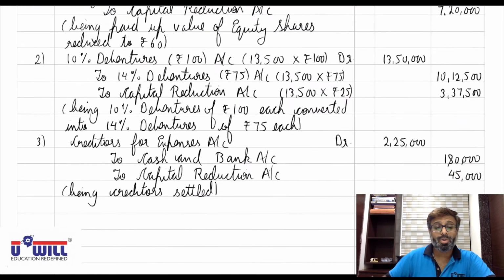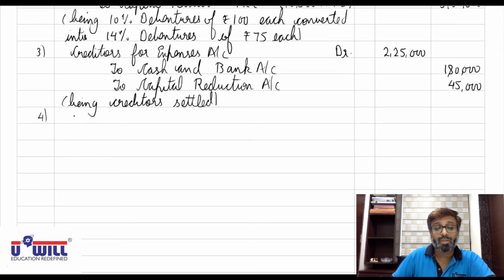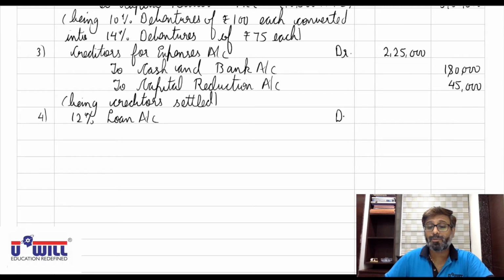So fourth entry, 12% loan account we will debit and close with full amount 6,75,000.